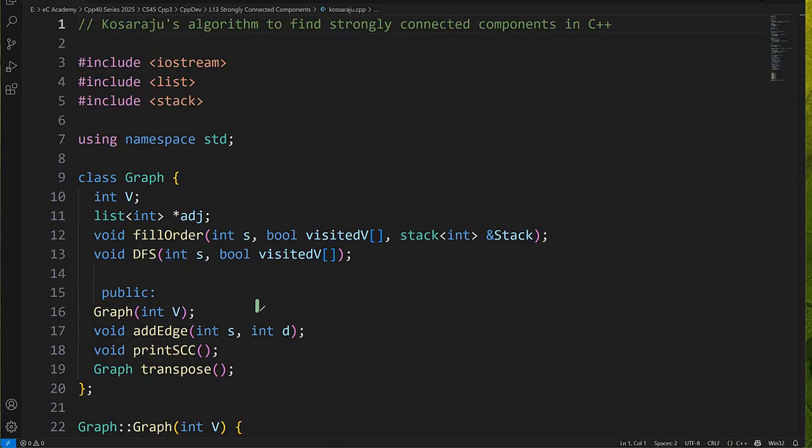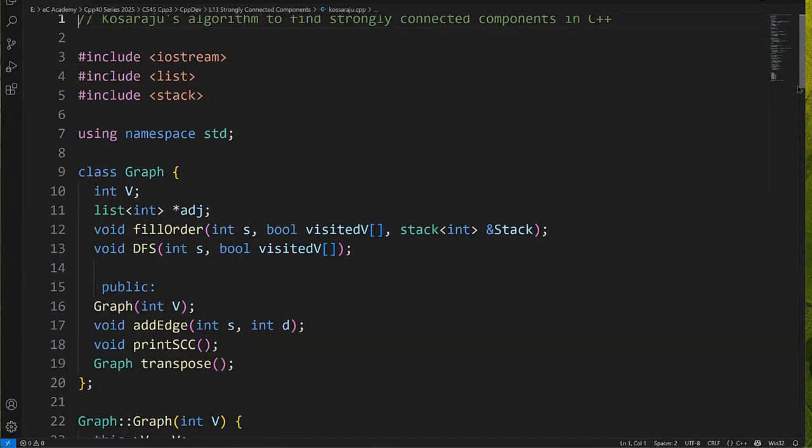Then you can add different edges there, source and destination. And your depth first search would have a current node and the visited array, the number of vertices.